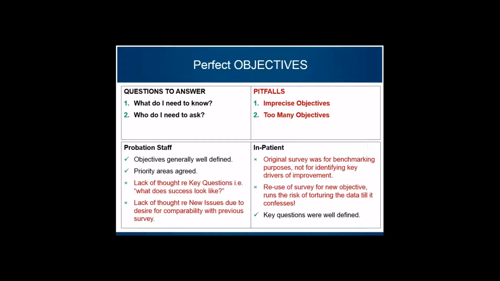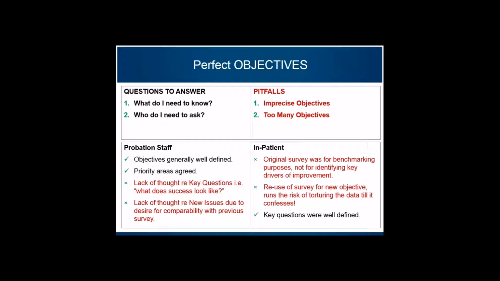In other words, what does success look like? When they say, oh yes, our staff are really engaged, how do they actually know that? What is the key question that really tells them, yes, we've got staff here that are really engaged, or they're really disengaged? There were some key questions there, but I felt the thought hadn't quite gone into it.